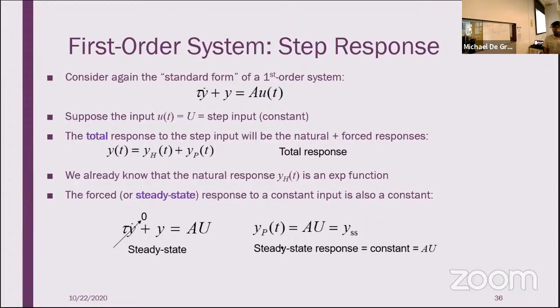It's just the coefficient A times the final value of my step. Everybody cool so far?